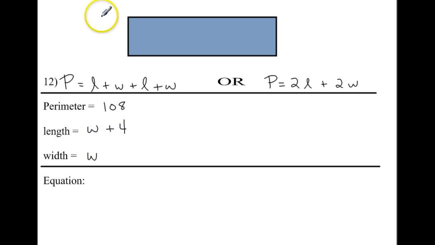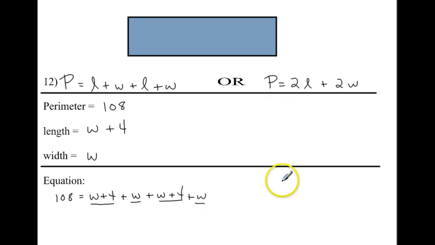So my equation, if I pick my first scenario, I would have 108 is equal to w plus 4, this is my length, plus w, there's my width, plus w plus 4, length, plus w, width.